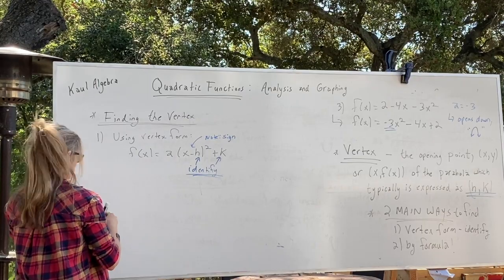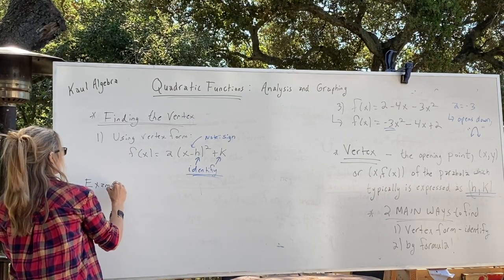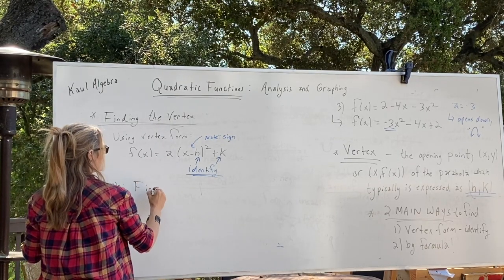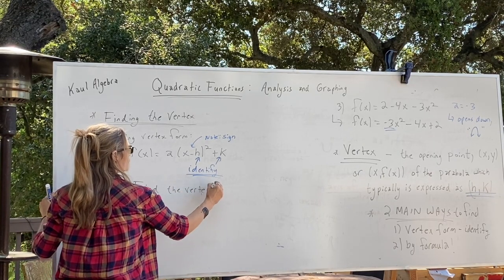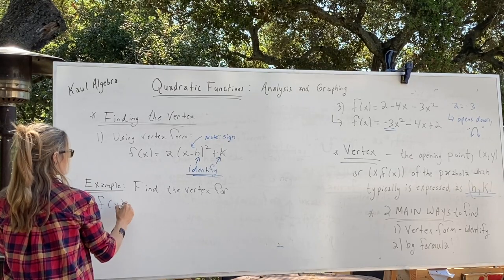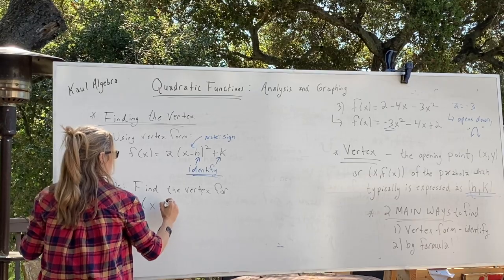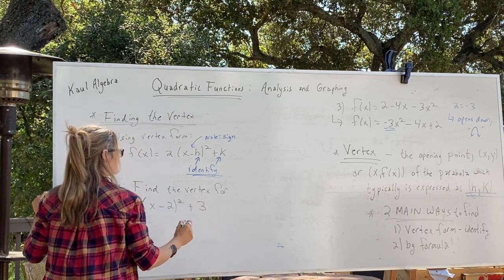So now we're ready for an example. Here's an example. And this would be find the vertex for the function. Let's say we had f of x equals (x minus 2) squared plus 3.